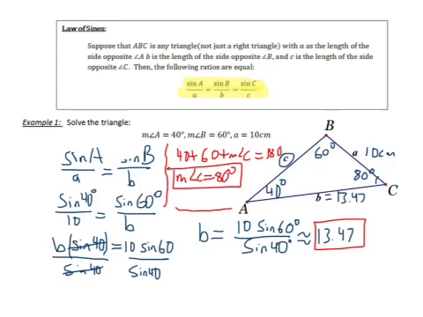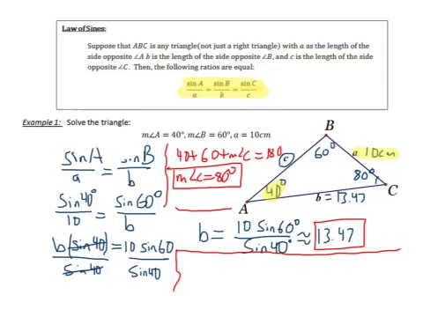So now we can go back and we can use our law of sines again. We know that the sine, let's use A again here. So we could use what we just found there, the 13.47, but it's best to go back here and use the 40 and the 10 that we had from the beginning.